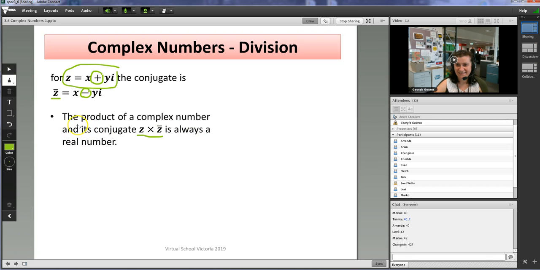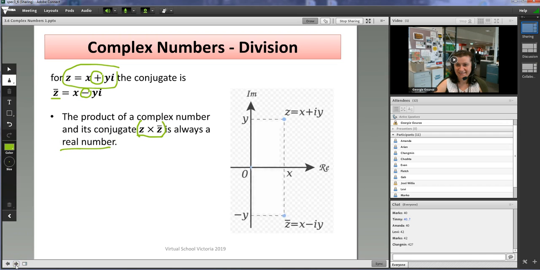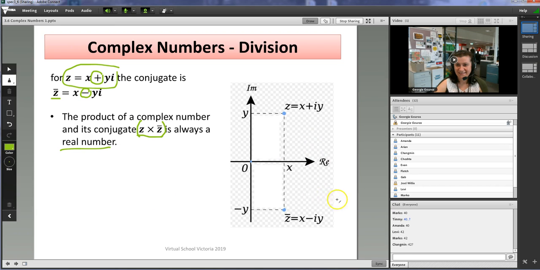And then we can work out the product. It has special properties. The product of a complex number and its conjugate is always a real number. That's something we can actually show. So if we have any complex number, like z is equal to x plus iy, the conjugate is just a reflection in the real axis.